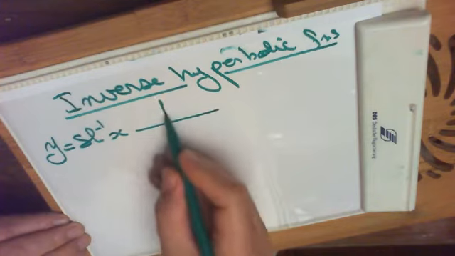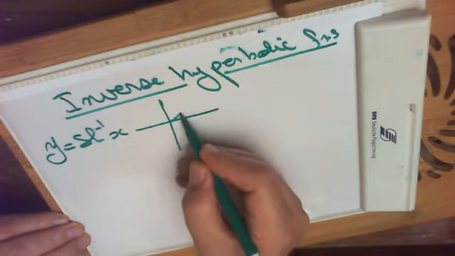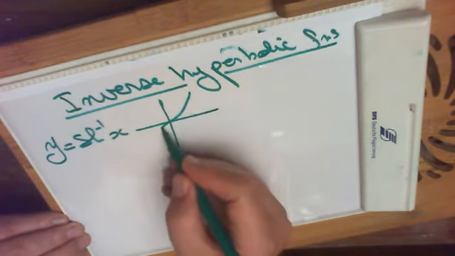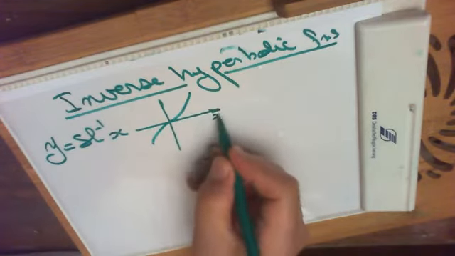Okay, the original curve, this. Okay, this is x-axis, this is y-axis.